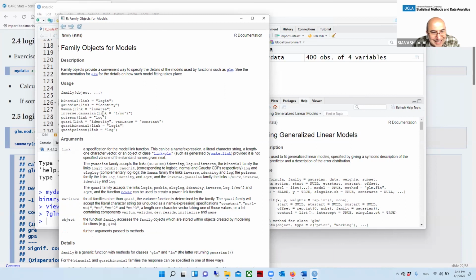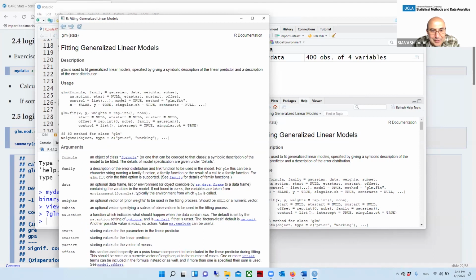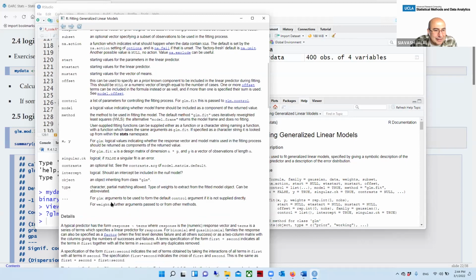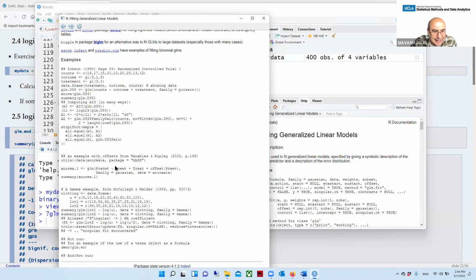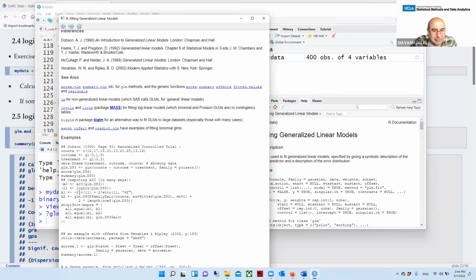Inverse Gaussian is link 1/mu^2. We saw that, right? Poisson, link log, and so on. So this is how you can read the help file in R. It's very helpful. And then there are references there. There are examples at the very end, so you can run different types of GLM models, ANOVA, things like that.